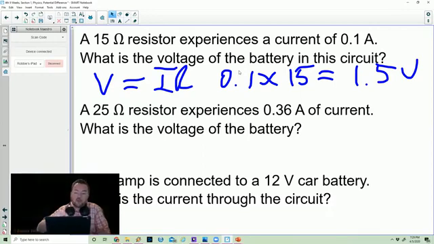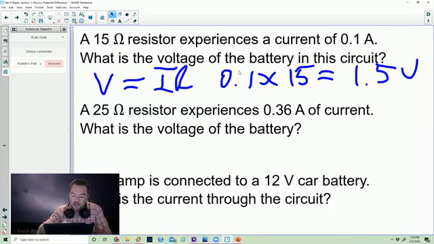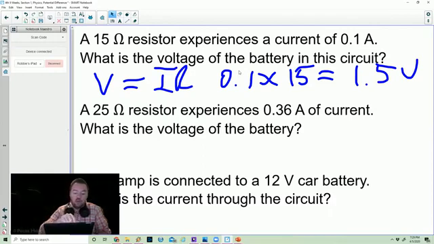I'll work two more problems. I have a 25 ohm resistor experiencing 0.36 amperes of current. What is the voltage of the battery?